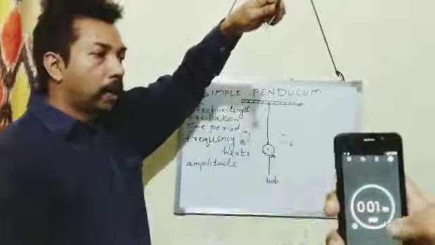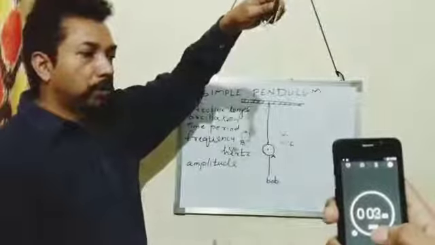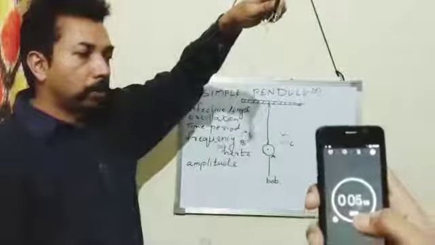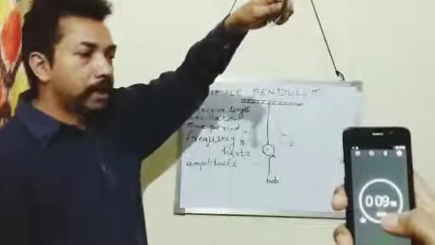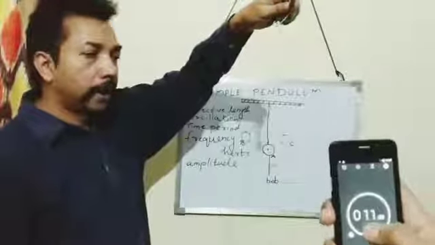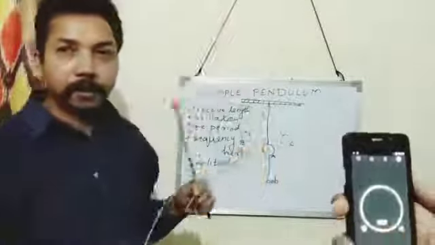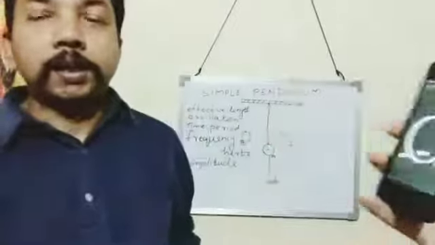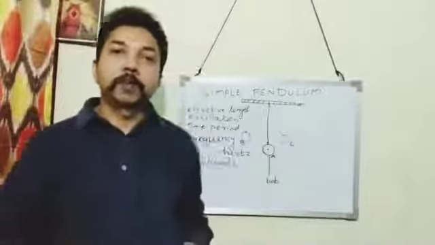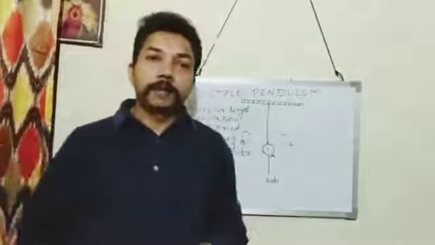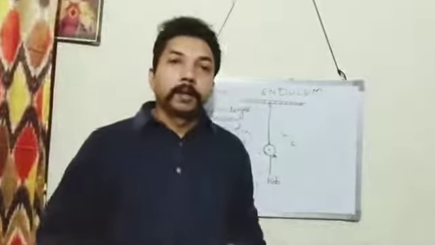Starting. 1, 2, 3, 4, 5, 6, 7, 8, 9, 10. So for 10 oscillations, 11 seconds are taken.